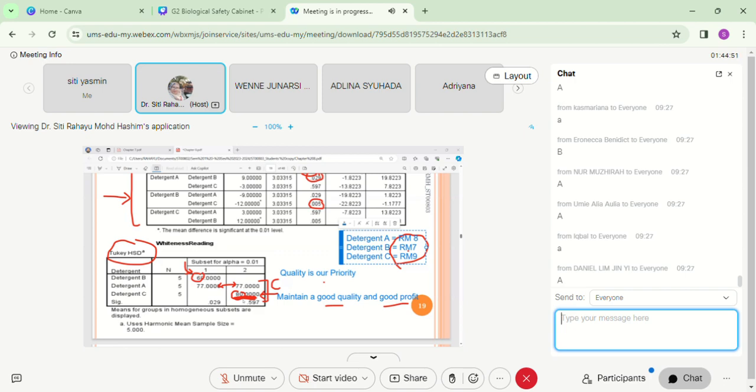Yeah, it will give you good quality to ensure a good quality service to your customers, as well as it will give you a good profit because the price is lower. Faham ke tidak? Kalau faham, bagi saya thumbs up. Kalau tak faham, you can argue on the chat. I will explain again.